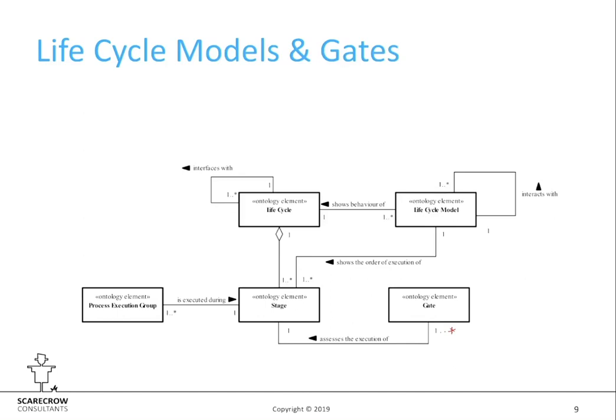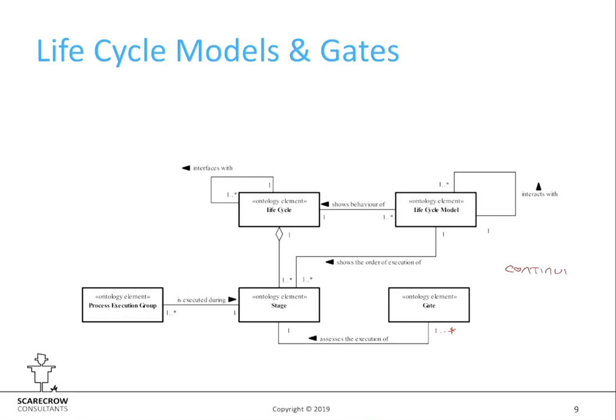But the gate is the formal assessment point, the decision point, typically at the end of the stage, and depending on how that stage has gone, the gate determines what you do next. So possibilities that you often see are continue.